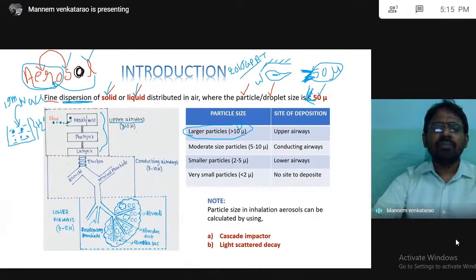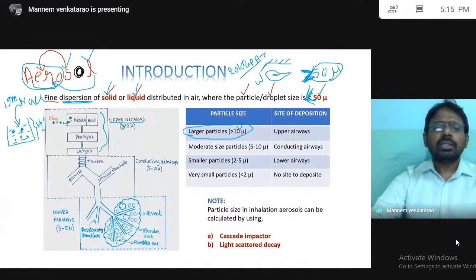There is no chance of 50 micron particles, because 50 micron particles are visible. That's why it cannot be acceptable. That's why less than 50. So all particles cannot be deposited, only a small 10.1, 10.2 can be deposited. Then the remaining will be exhaled by reflex mechanisms like coughing or sneezing.